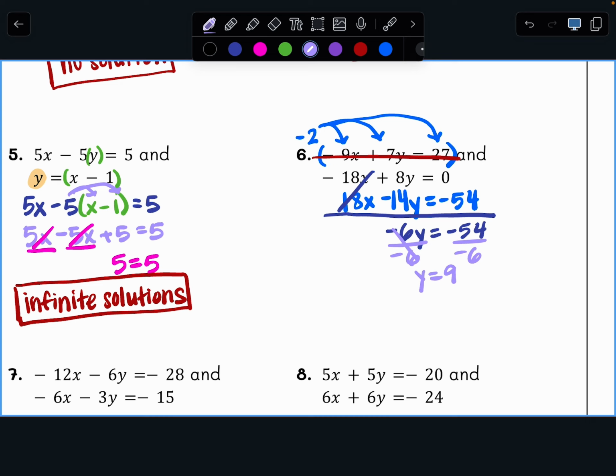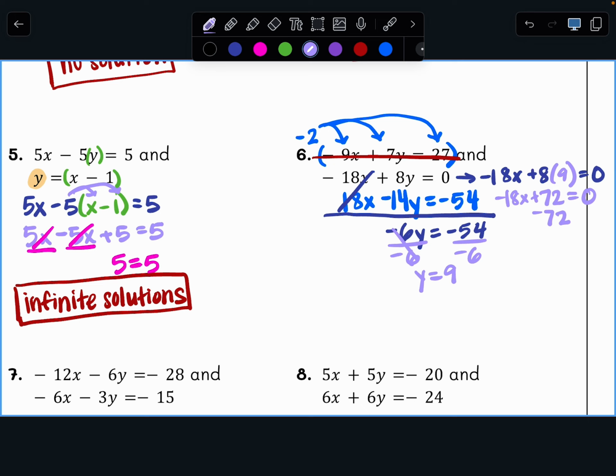Now I can plug in y equals 9 to either one of these equations. So I'm going to use the second one. Negative 18x plus 8 times 9 equals 0. So negative 18x plus 72 equals 0.